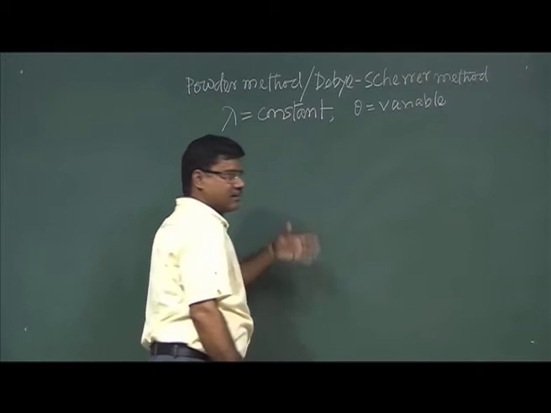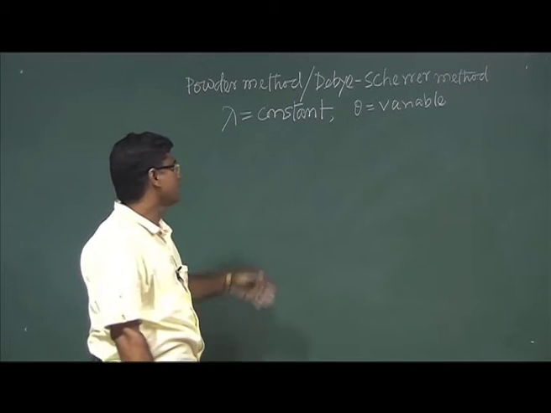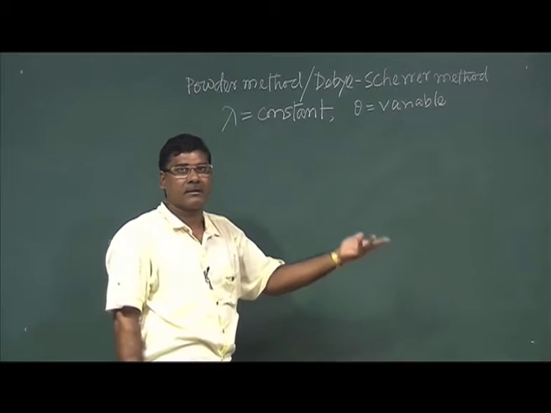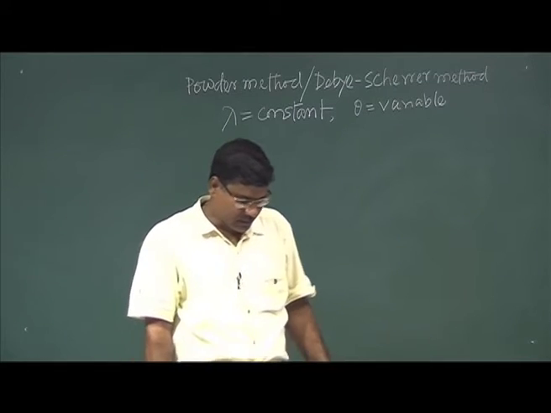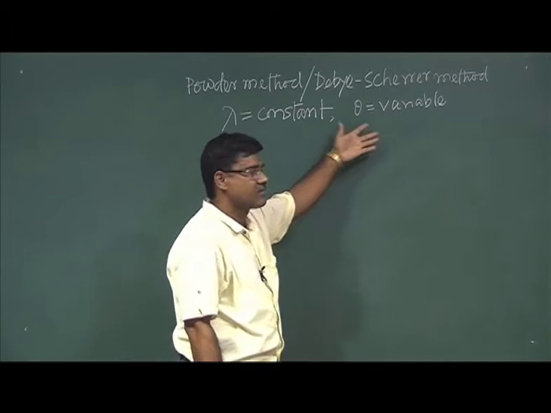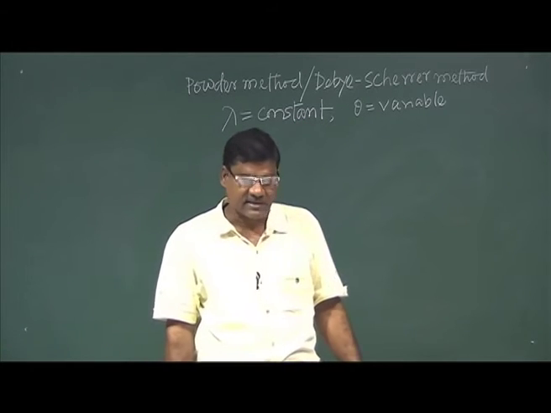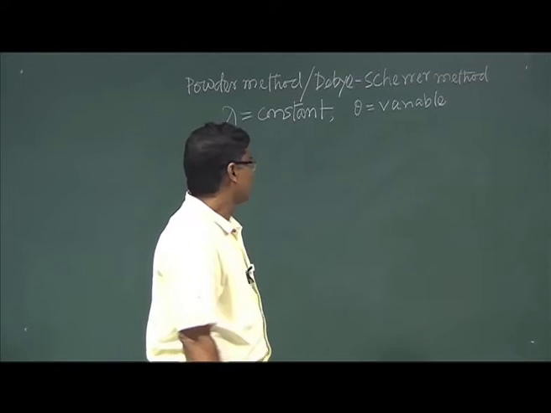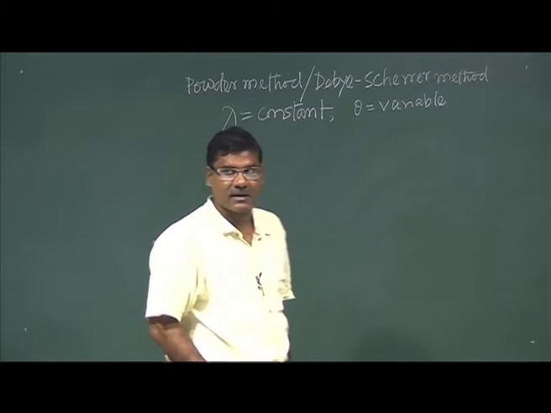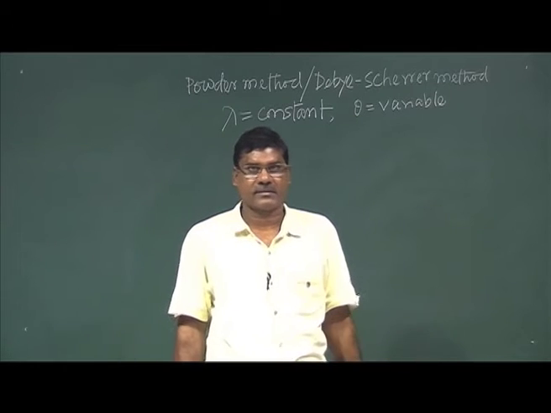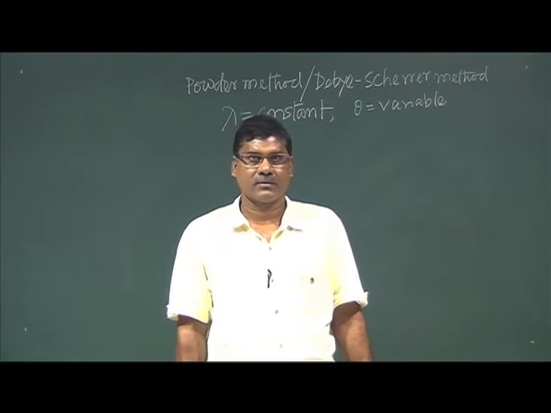But there is a difference between the powder method and the rotating crystal method. In both cases theta is variable and lambda is monochromatic X-ray. So, what is the difference and what information will we get from this method?